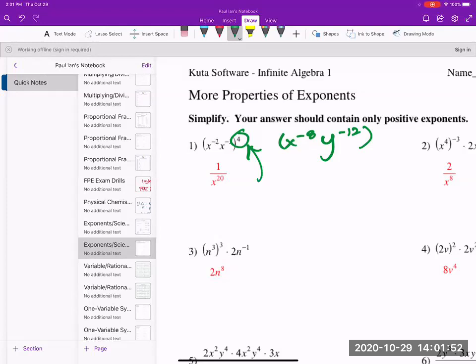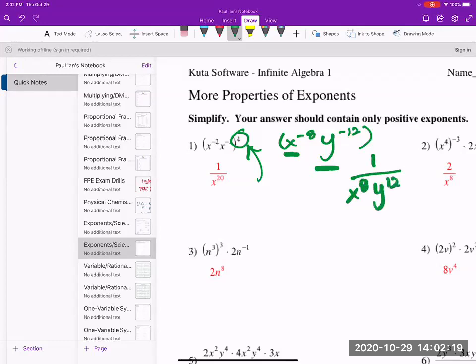Add the exponents together. Okay, but for this one, since you have different bases, you can't add them. Do you remember when we have negative exponents, what we have to do with them? Put them on the bottom. Okay, yep, that's the way you're supposed to do that. You put it on the denominator, and then you make them positive, right?